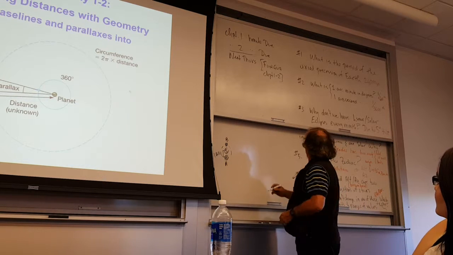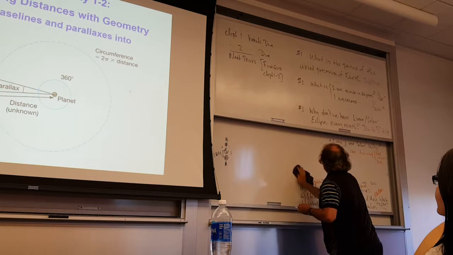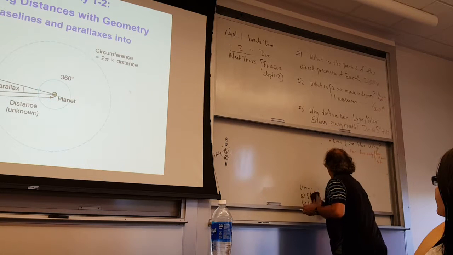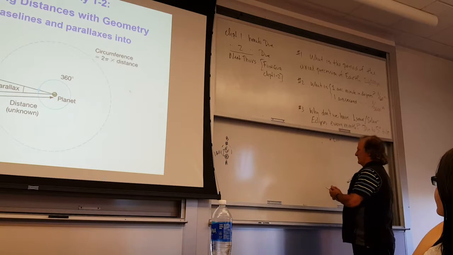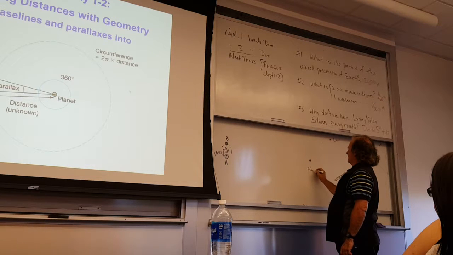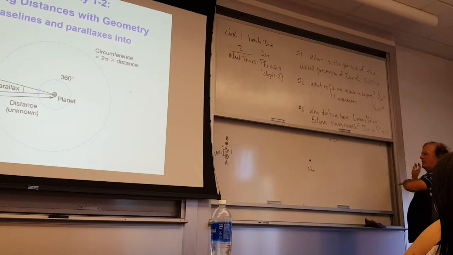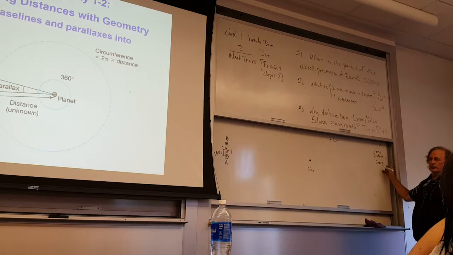And this is some scale here. Then we might have a distant star out here. But then way, way out is a very distant star, such that during the year between A and B, these stars don't move at all.